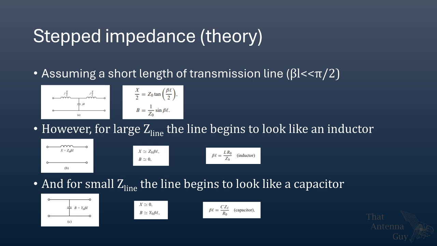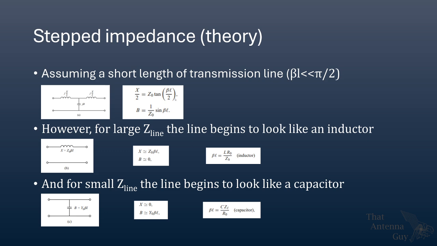Assuming that we have a short length of transmission line where beta L is much less than pi over 2, we have an equivalent circuit something like this. And you can already look at this and say, oh, well, that kind of starts to look like a low pass filter. And if we look at what the values for these impedances are, we can see that as we create a larger characteristic impedance of that line, this value starts to tend towards 0. This tends towards beta L, which is already small, so this B value approaches 0.